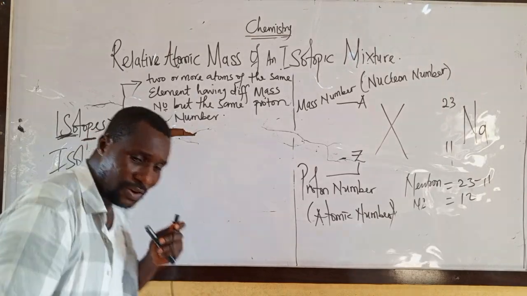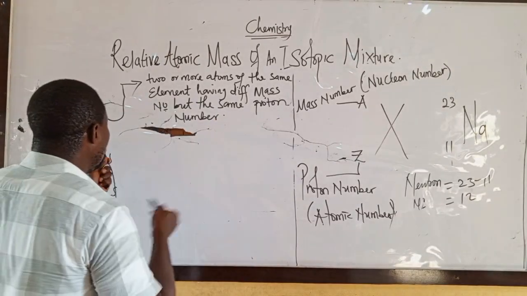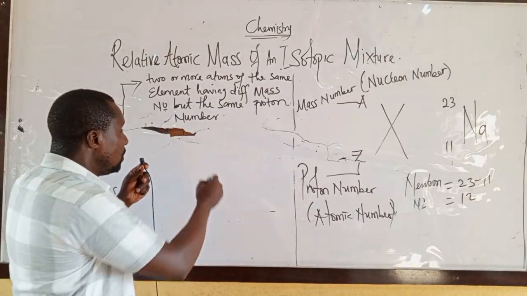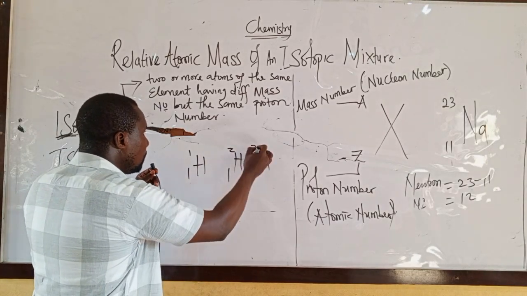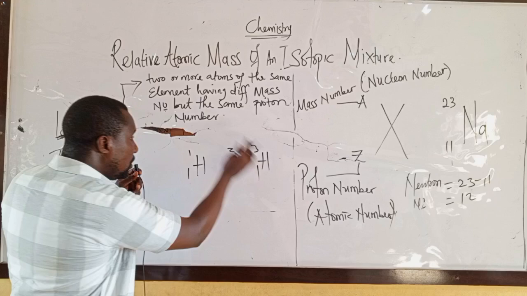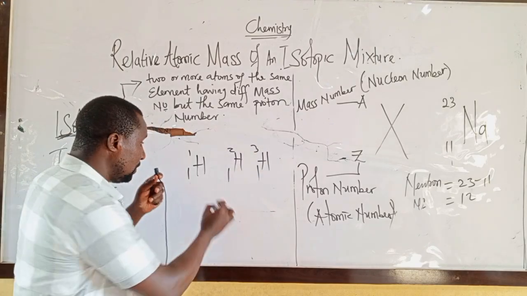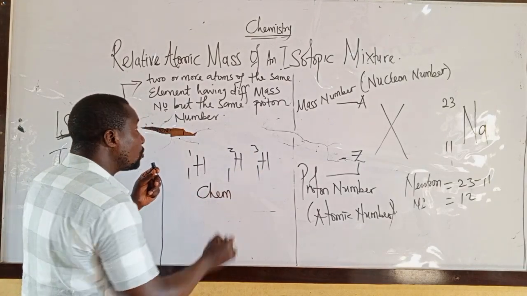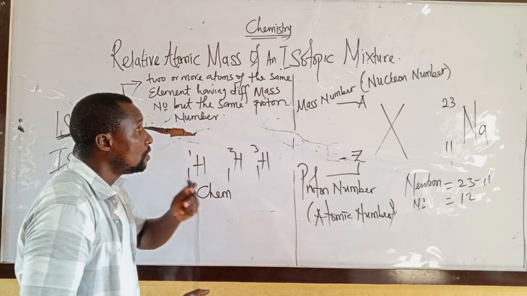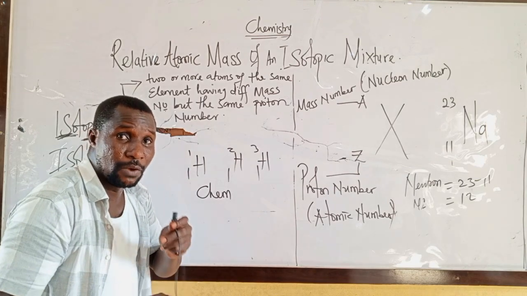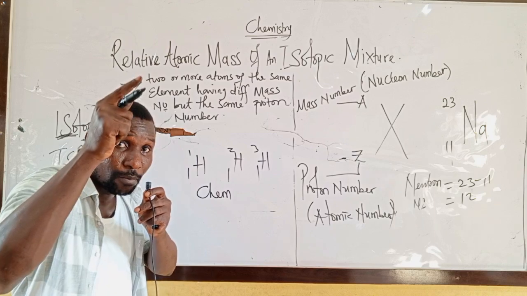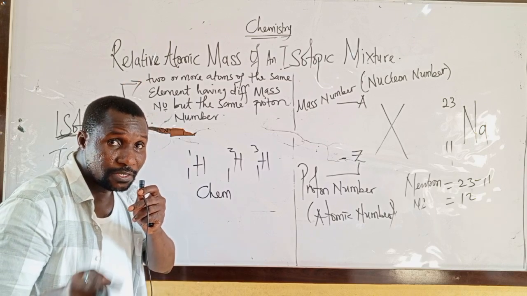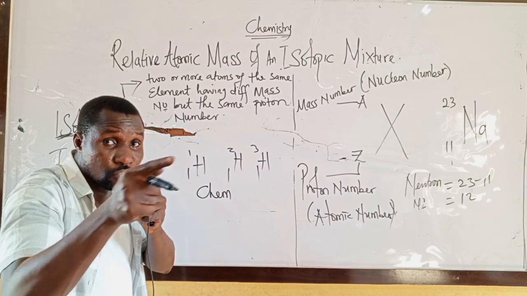And take note, another thing you have to know under isotope. When you have isotopes, they all have the same chemical properties. Isotopes are atoms of the same element having different neutron number, the same proton number. That means different mass number, the same proton number. Since they have different mass number, they have different neutron number.